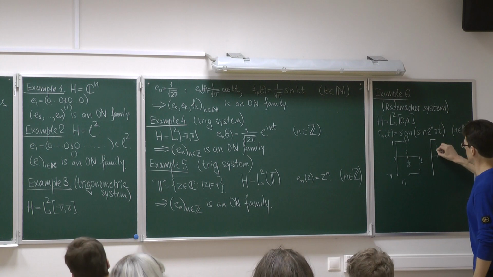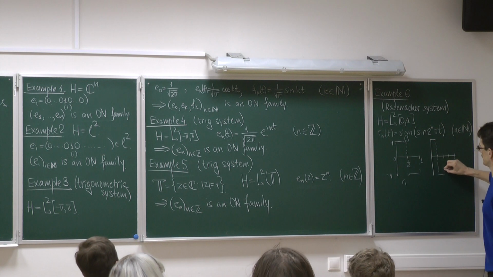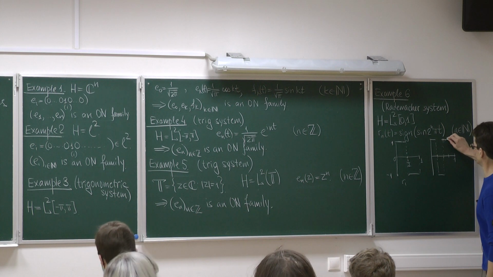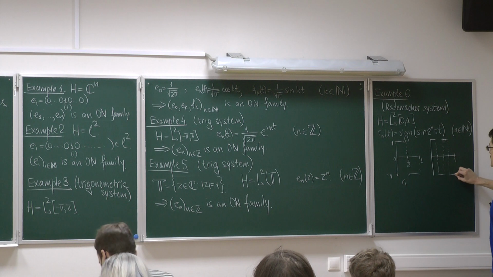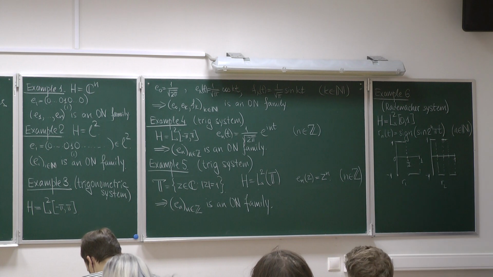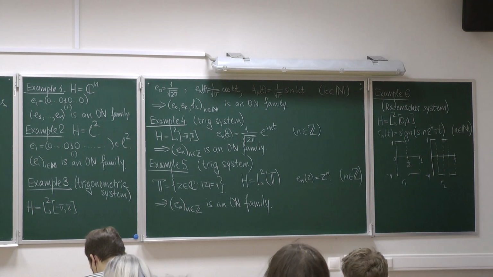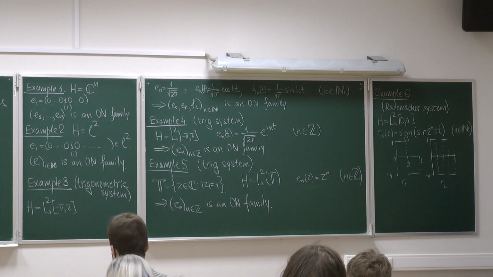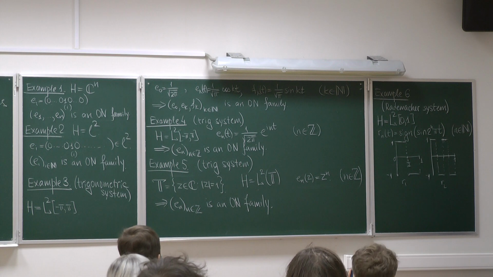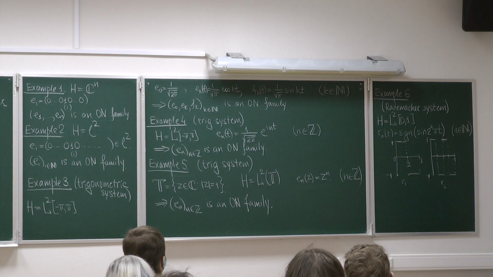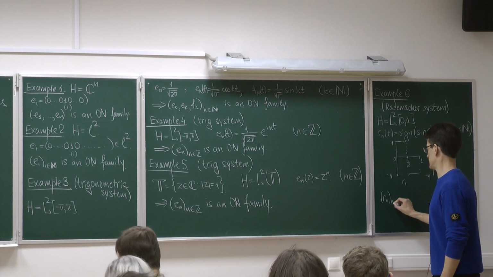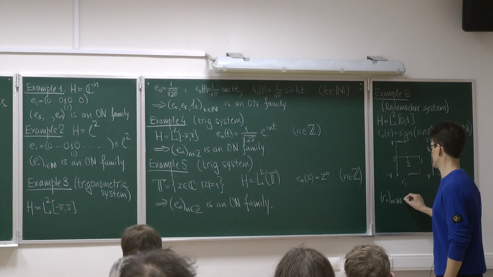We have 1 here, minus 1 here, again 1 on this subinterval, and minus 1 here. And this is R2. And so on. To get R3, we divide the interval into 8 pieces and do a similar construction. So again, it's very easy to see that the resulting family Rn, where n runs over natural numbers, is orthonormal.